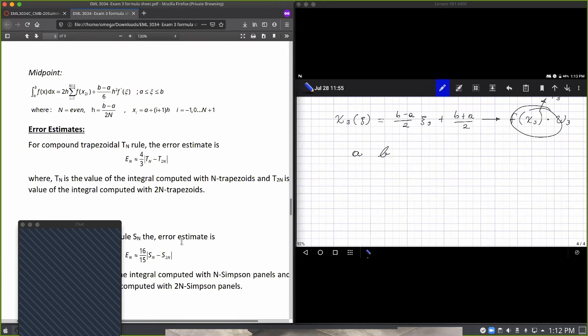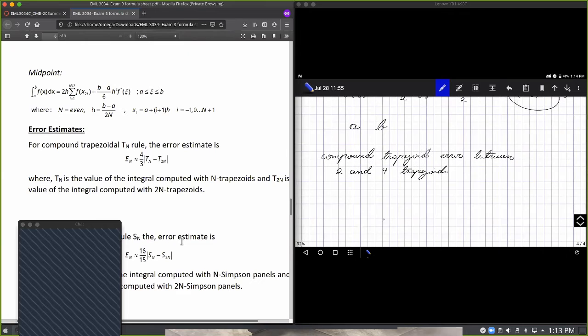What I was trying to say is, if they ask you to find the error using compound trapezoid between 2 and 4 trapezoids, then the error function becomes the error of 2.